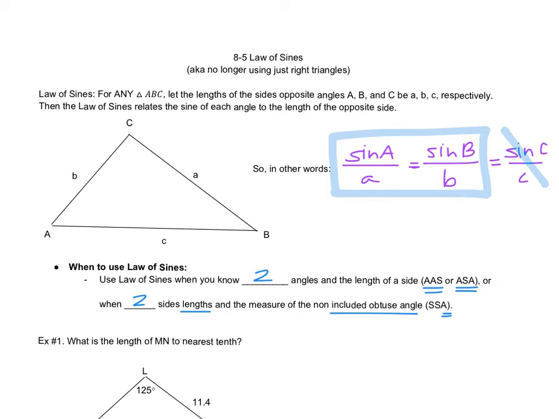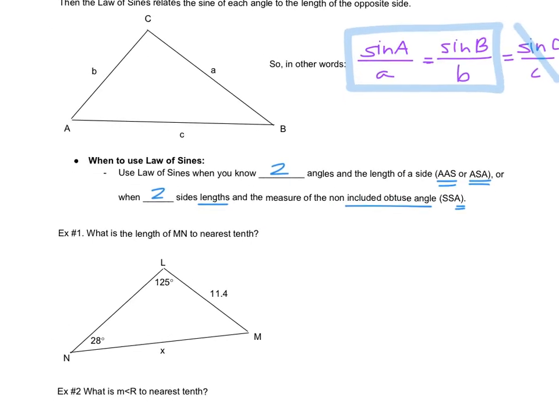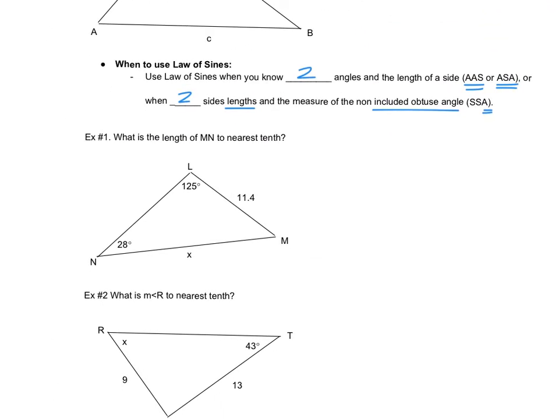Now, I don't find myself determining how to use it that way. What I typically do is I will look at a problem. So like number 1 here, I'll go, okay, do I have an angle and the side across from it? I have an angle and I have the side across from it. I'll look at another one. Do I have an angle and the side across from it?